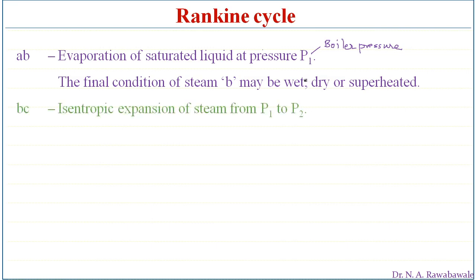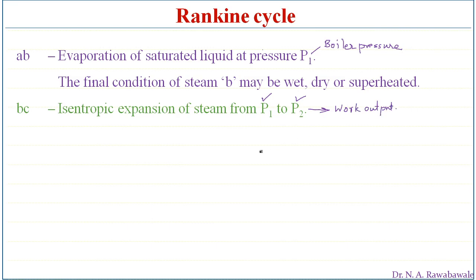Then B to C is isentropic expansion, where steam is expanded from pressure P1, the boiler pressure, to the condenser pressure P2. From P1 to P2 steam is expanded, and here work is done, work output is taken out.